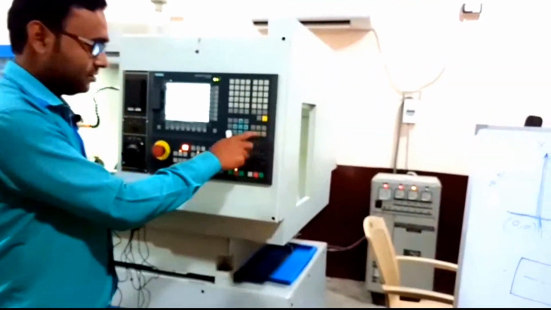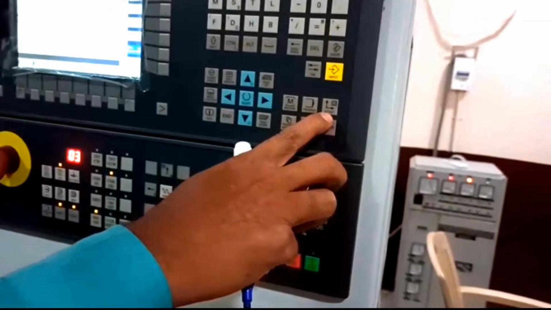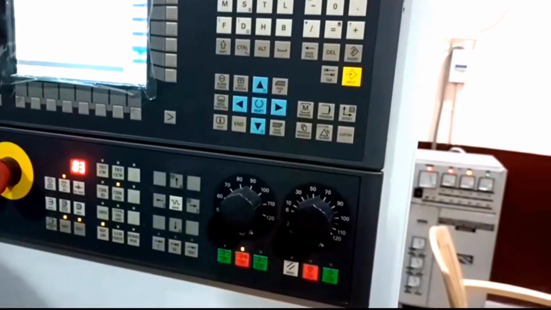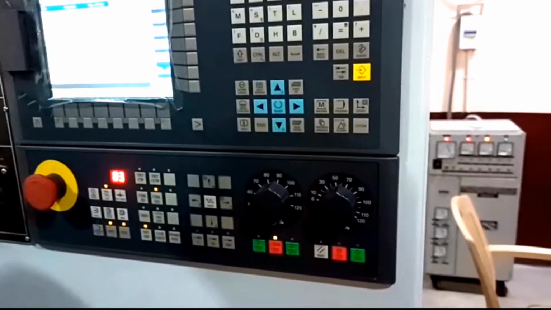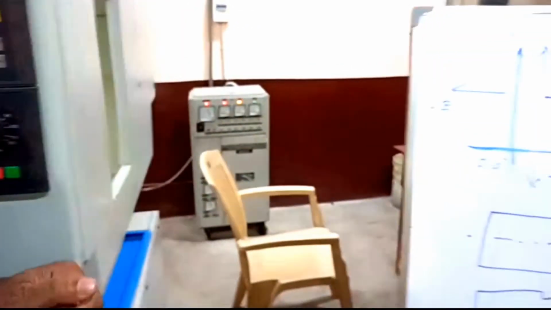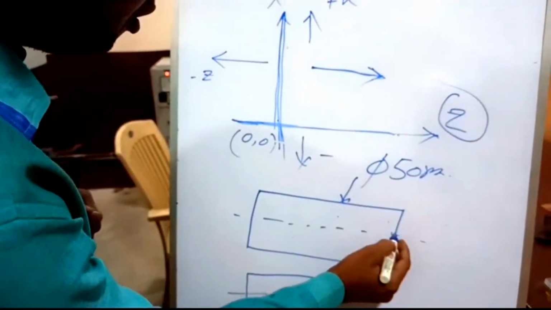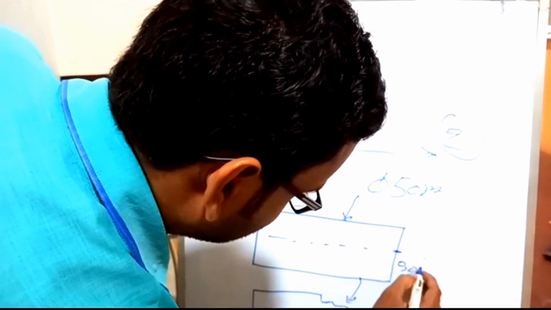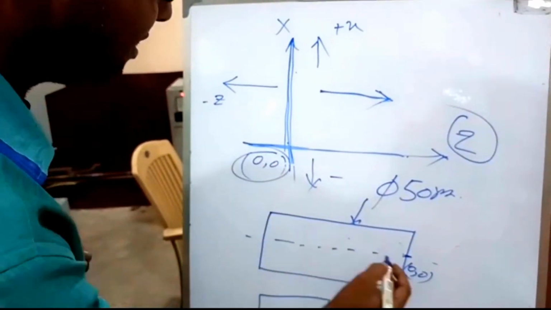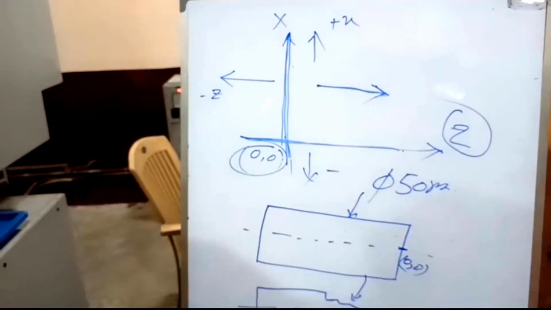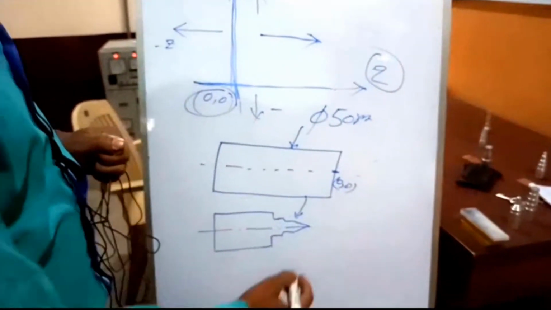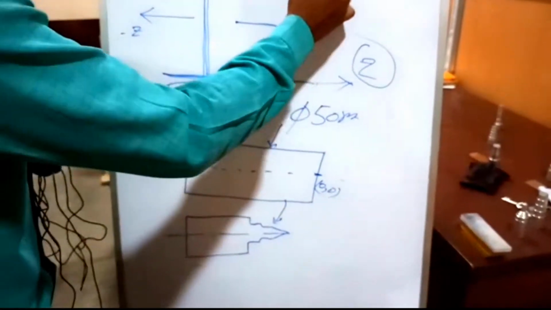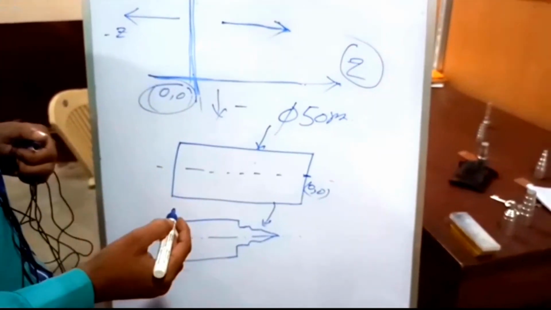offset. You can see in this display, there is a thing called offset, which means at first we decide the coordinate for cutting the job. How do we decide? Suppose we have to cut this job, so we generally take the center point of this job as the 0, 0. As I have shown here, the 0, 0 position is here. Then we will write the program. From this 0, 0, we will decide at first on our paper how much part we have to cut.